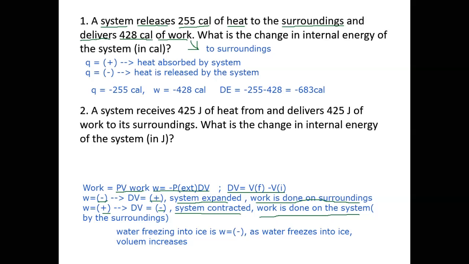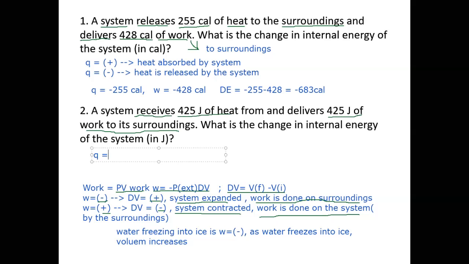Now here in number 2, we have a system that receives 425 joules of heat and delivers 425 joules of work to its surroundings. What's the change in internal energy?